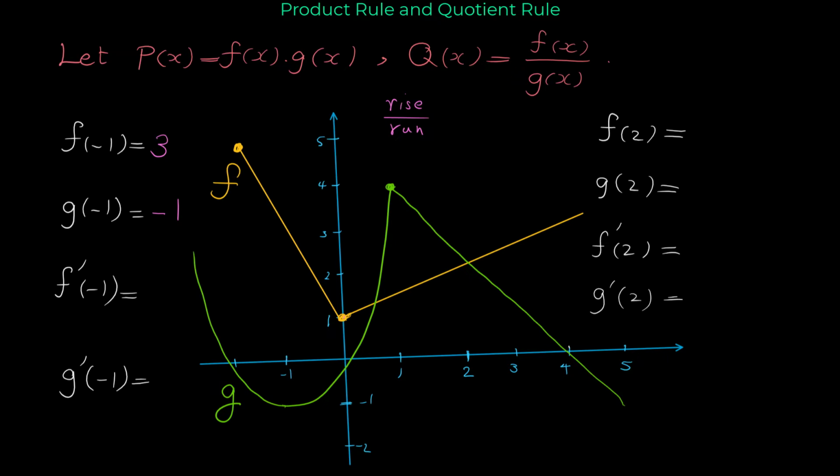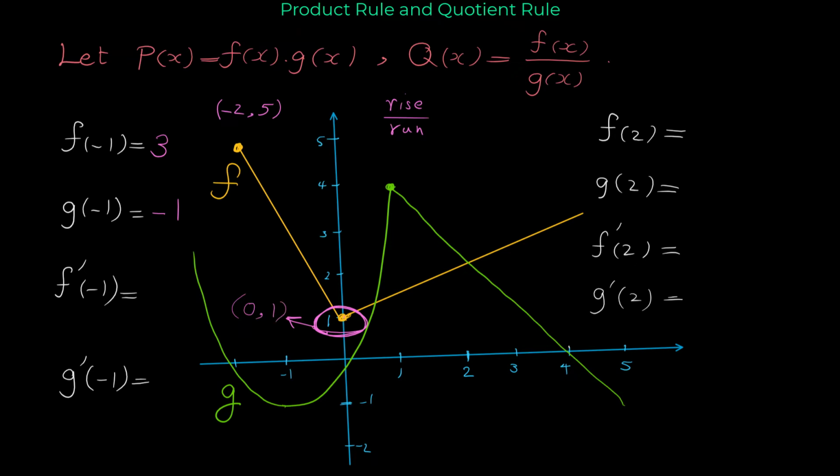What is the coordinate of this point here? The coordinate of this point is -2, 5. X value is -2, y value is 5. What is the coordinate of this point? The coordinate of this point is 0, 1.